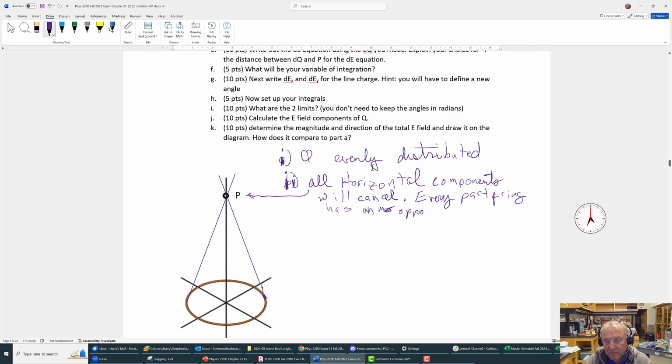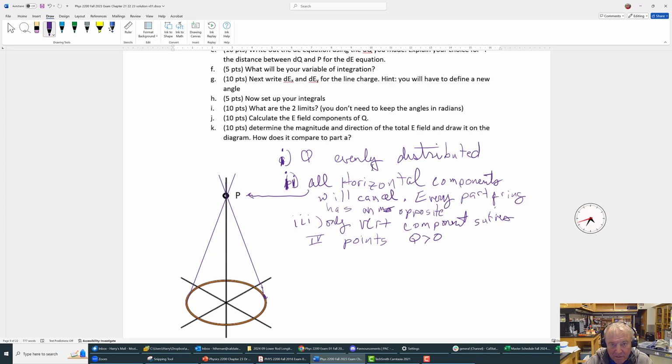Okay, matching part would have been fine. So only the vertical component survives, and it points up. Q is greater than 0.